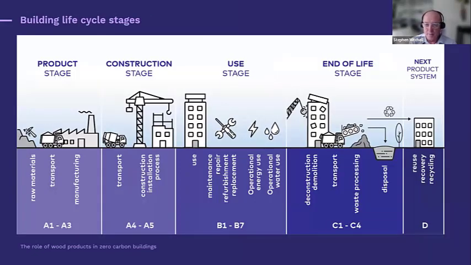Now, a lot of you might be familiar with this particular graphic. It is based on the standard EN 15804, but it's also embedded in a lot of other sustainable building standards these days. It goes through the different building life cycle stages, from the product stage to the construction stage, the use stage, and end of life stages of a building's construction.